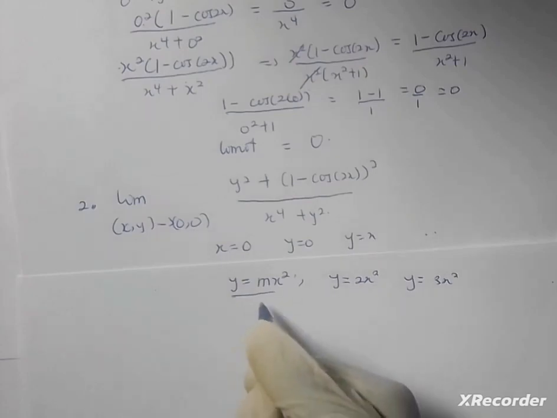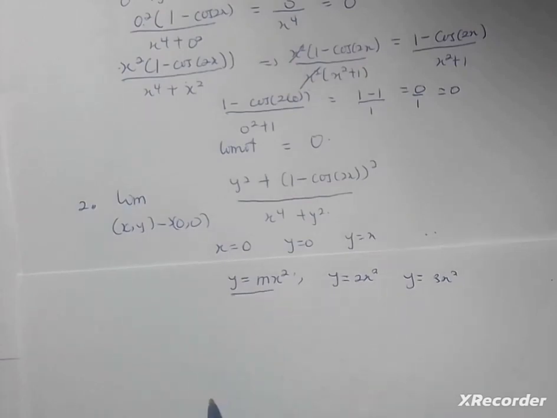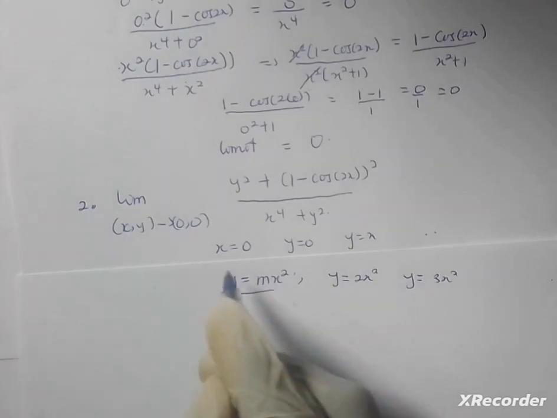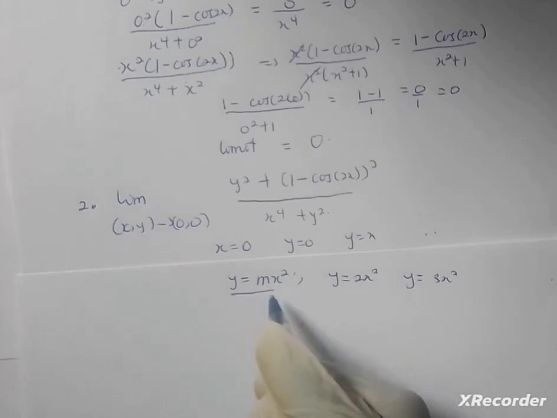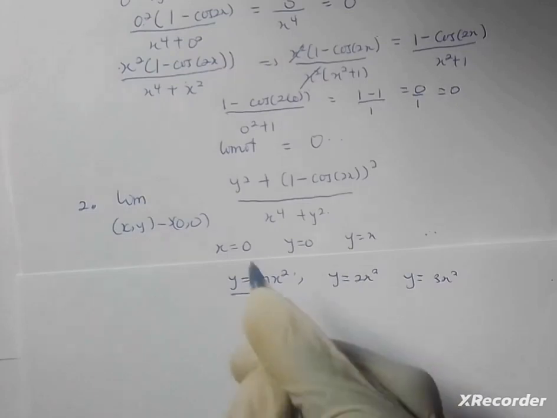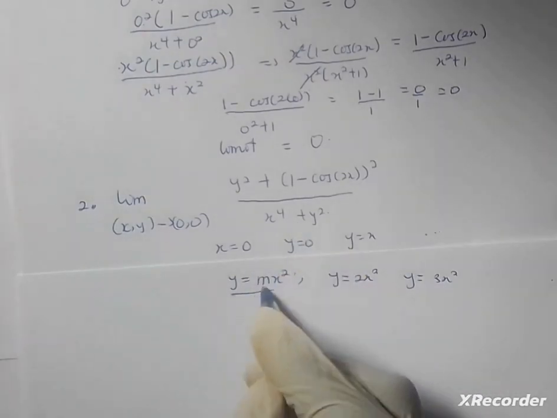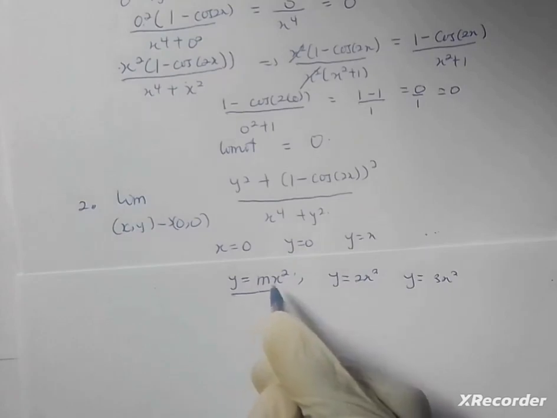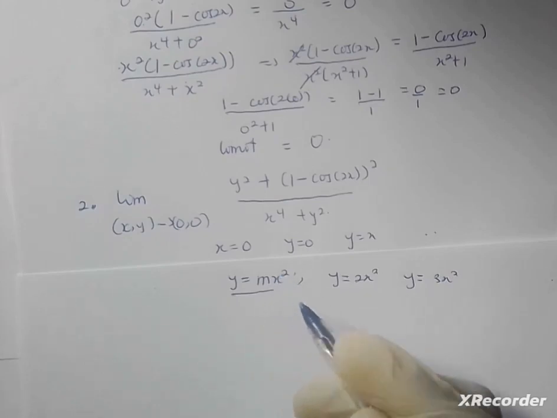So if I use this general notation to test for my function, I can indeed conclude, though I've chosen one, but this is a generalized function, which is a curve, where m can be half, m can be any number. So if it happens that the solution of this limit depends on m, or if you find m in the solution, then it means that if I change the values of m, I'm going to get a different solution for our limit function. Therefore, the limit wouldn't exist then.